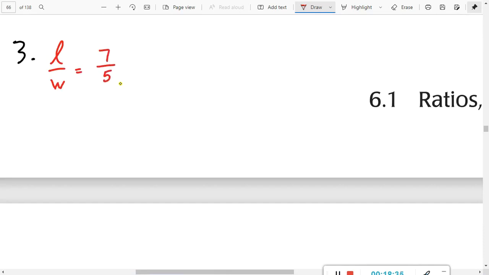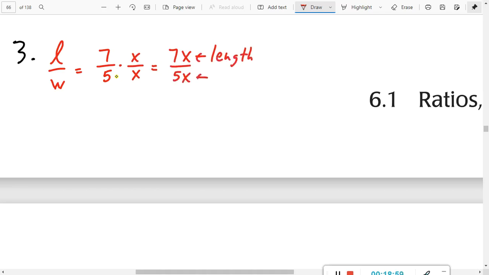Okay, remember we can multiply top and bottom by x without changing the actual ratio. Okay, so my length is going to be 7x and my width is going to be 5x. All right.